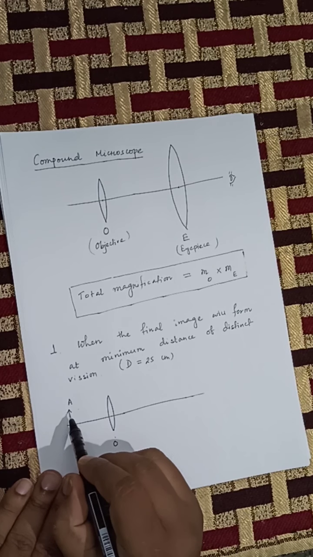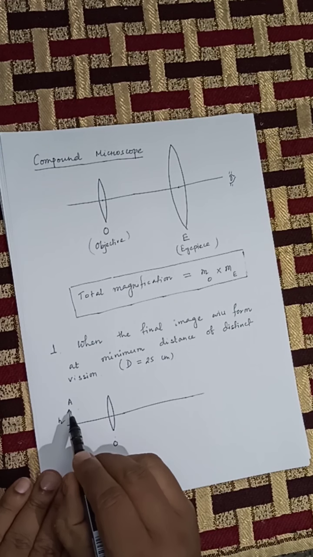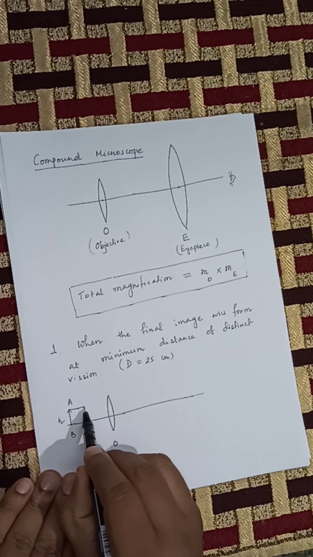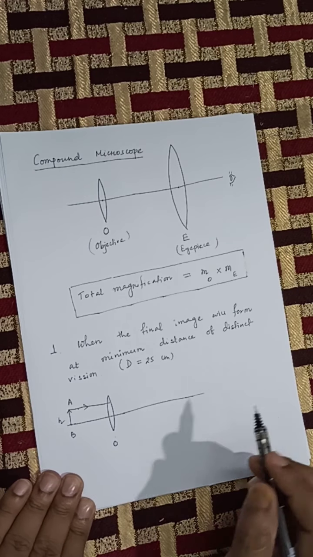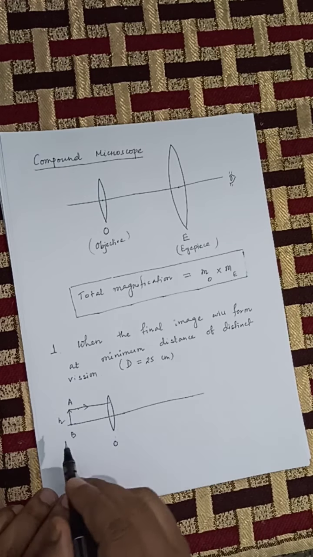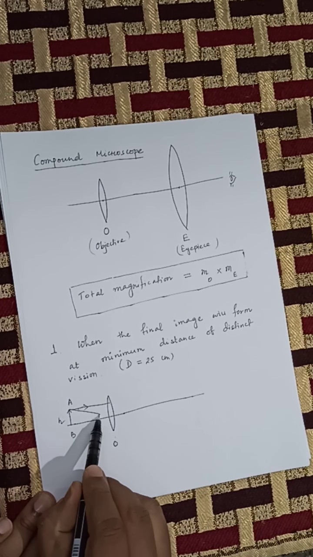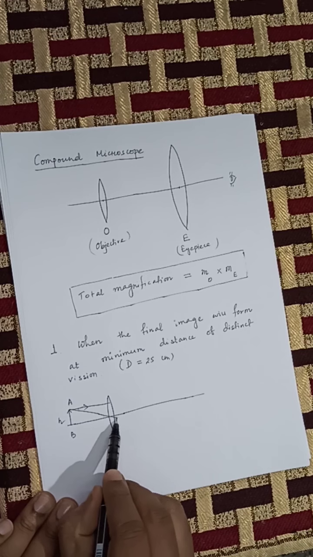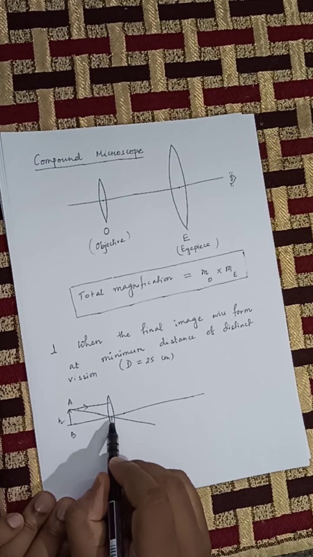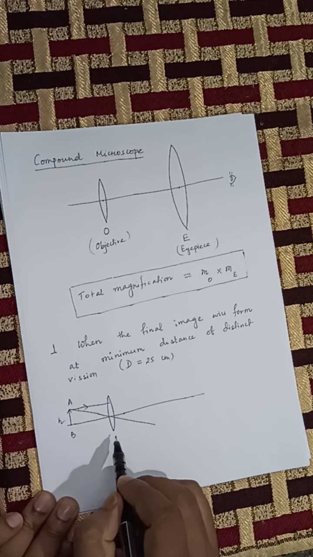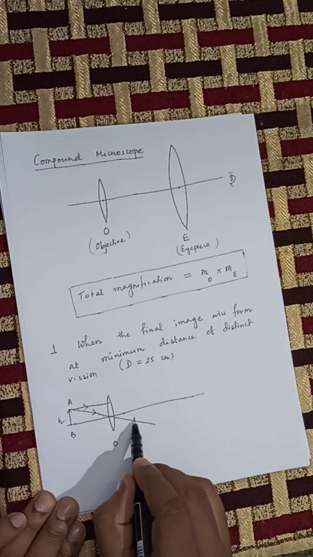Now this is the object with height h, and if we take one ray that is parallel to the principal axis. Okay. The second ray is passing through the optical center. Then you see the ray which is passing through the optical center of the objective lens will move without deviation.